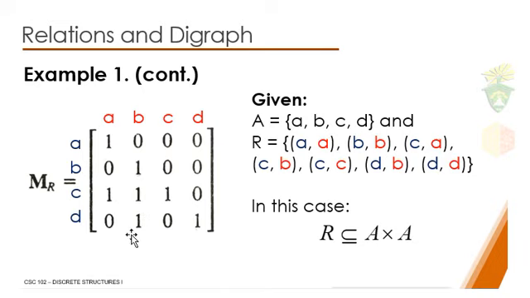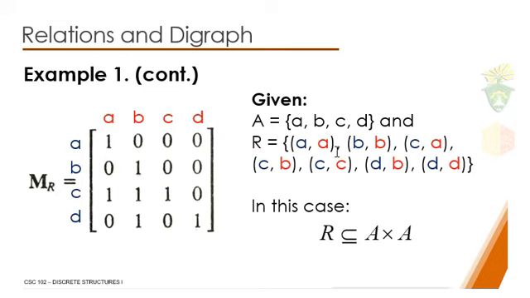Now, let's check these 1s. What is this intersection? That's B related to B. It is there. How about C, A, or C is related to A? Yes, it is given. Is C related to B? 1 here. Do we have C, C, or C is related to itself?